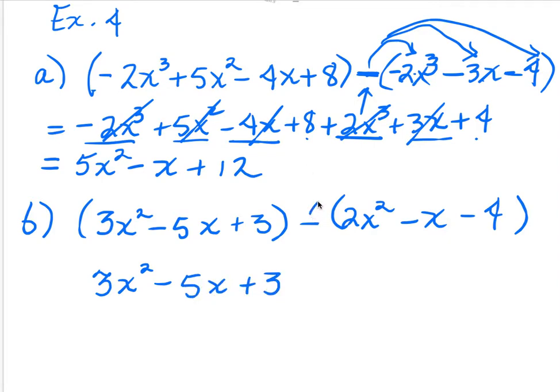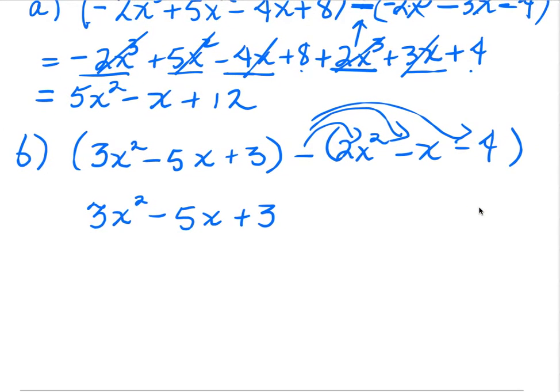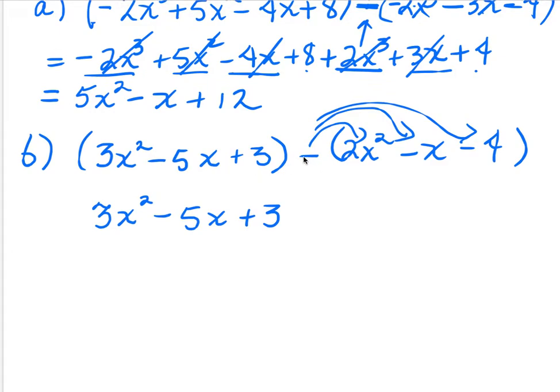We distribute this negative through, then line these up underneath and add like terms. So what's a negative 1 times 2x squared? A negative 2x squared. Negative 1 times negative x is plus x. Negative 1 times negative 4 is a plus 4.